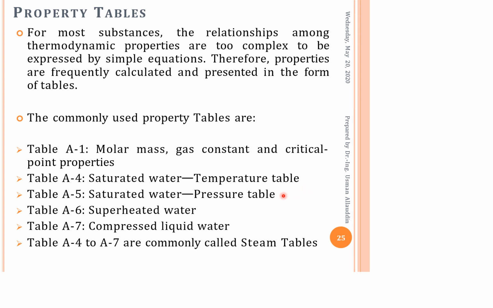And when we can't find the value there either, then we will move toward the superheated vapor table. And A7 is compressed liquid water, which is very rarely used, and A4 to A7 are called steam tables. So from A4 to A7 we have steam tables.